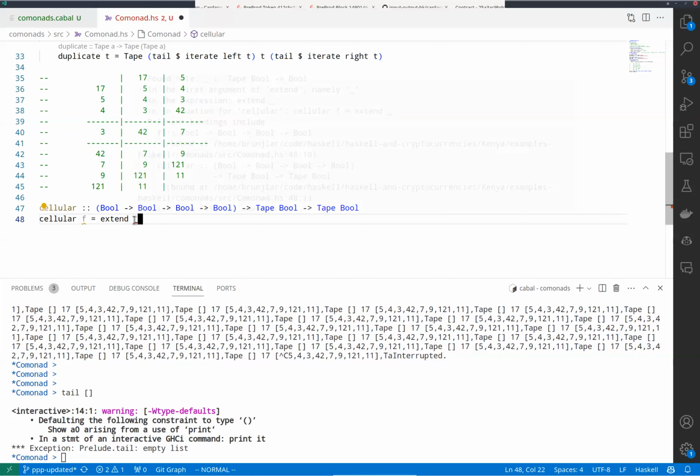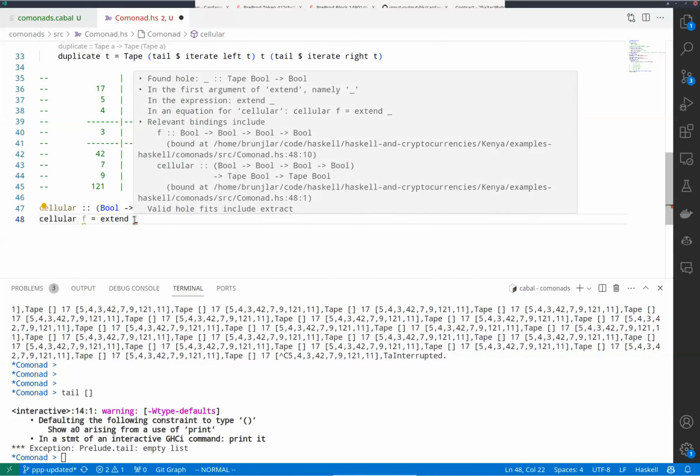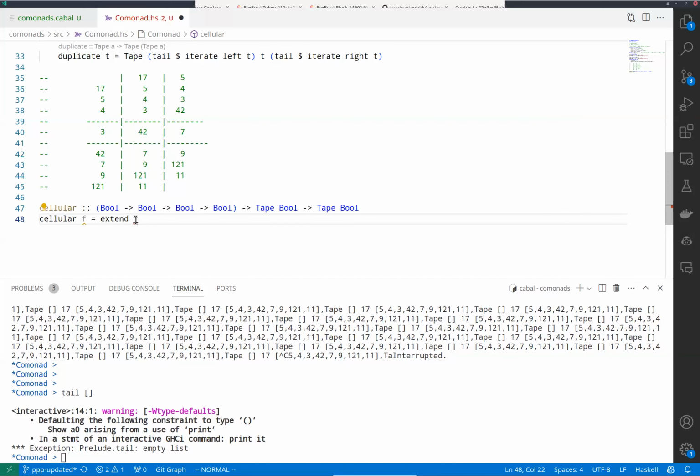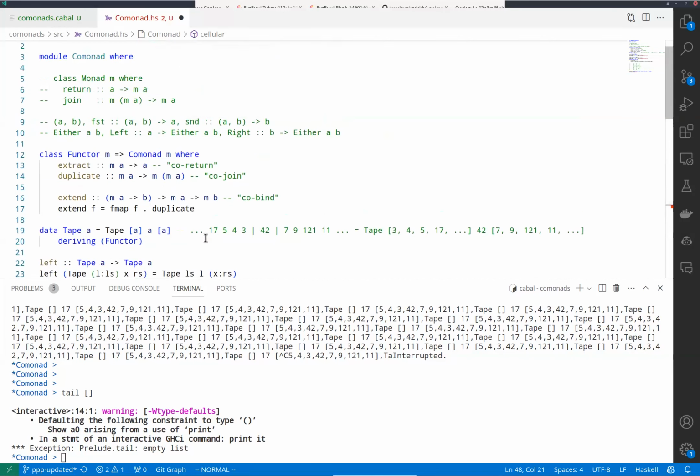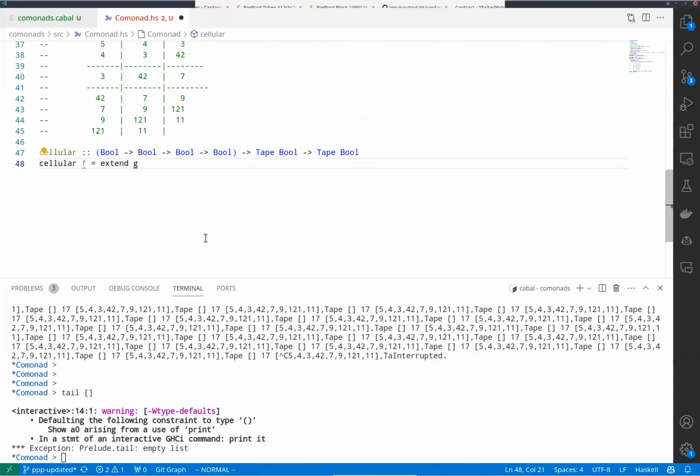Right, and this must now be a function from tape bool to bool. So G must be from tape bool to bool.